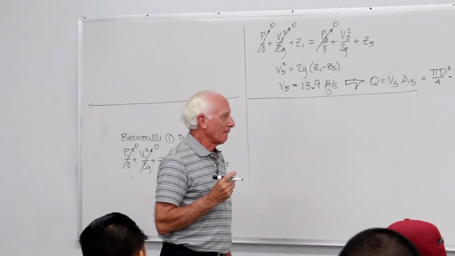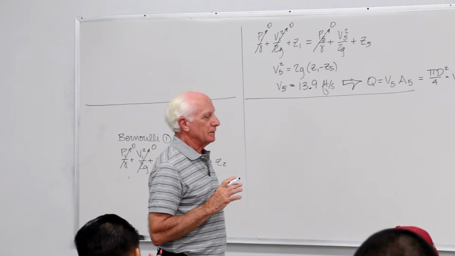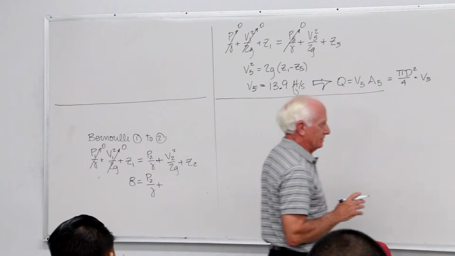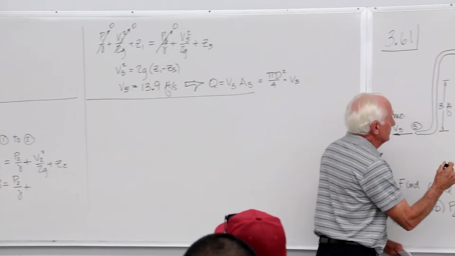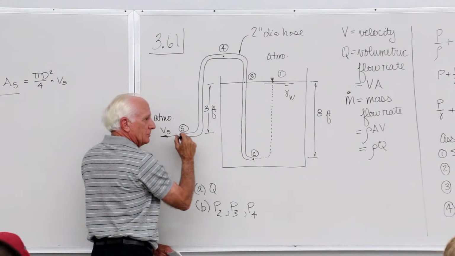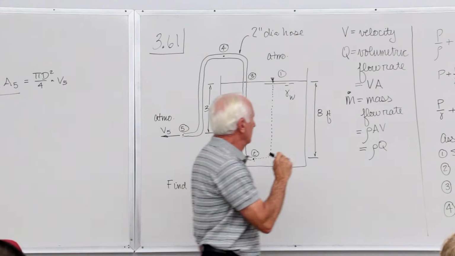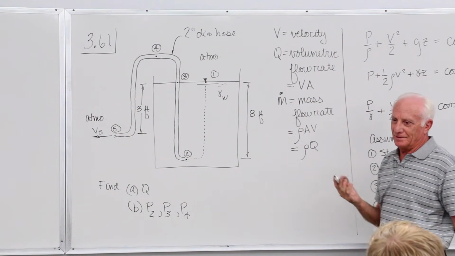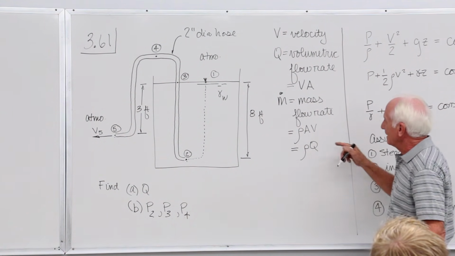Okay. Steady state, conservation of mass. Same diameter pipe. What comes in here goes out here with the same velocity. Steady state. I think it's pretty straightforward, but okay.